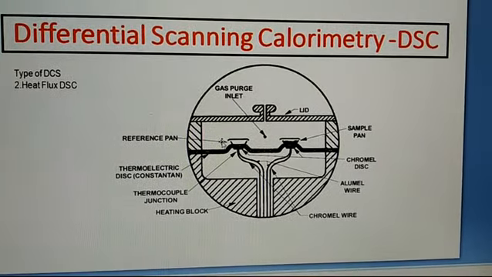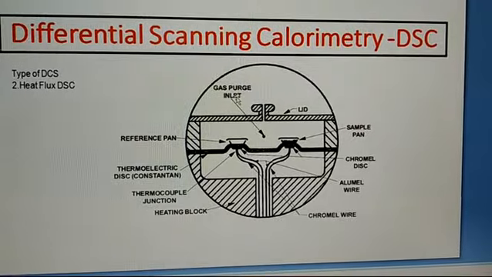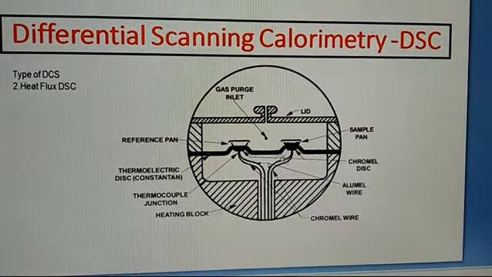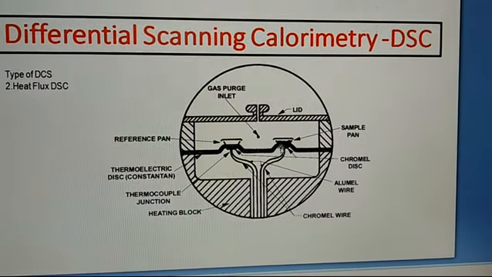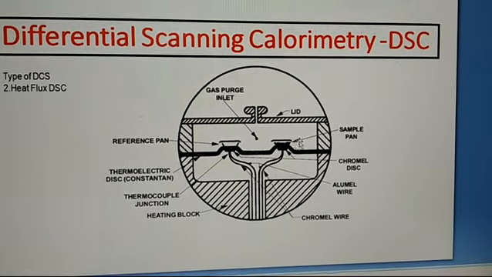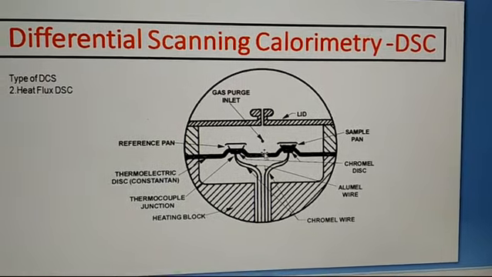The second is the heat flux DSC. In the heat flux DSC, there is a conical disc. Here it shows the conical disc which heats the reference pan and sample pan simultaneously. There are no separate heaters in heat flux DSC.